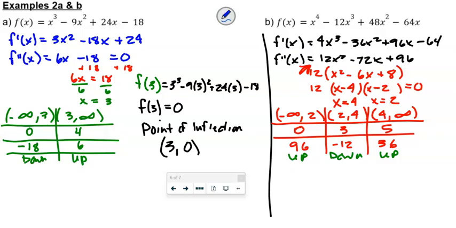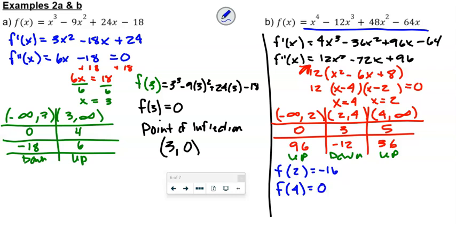So here again, we're going to do f of 2, and we're going to do f of 4, right? So go ahead and put those into your original function up here, and then figure out what your value is. When I did that, I got negative 16 for 2. And I got 0 when I put 4 in.